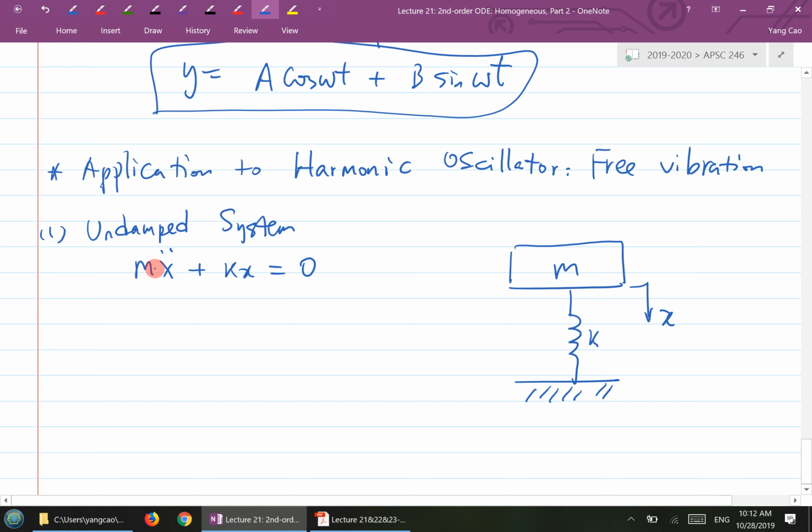So what is the characteristic equation? You can write it as m lambda square plus k equal to 0, or lambda equal to plus or minus j times square root of k over m.